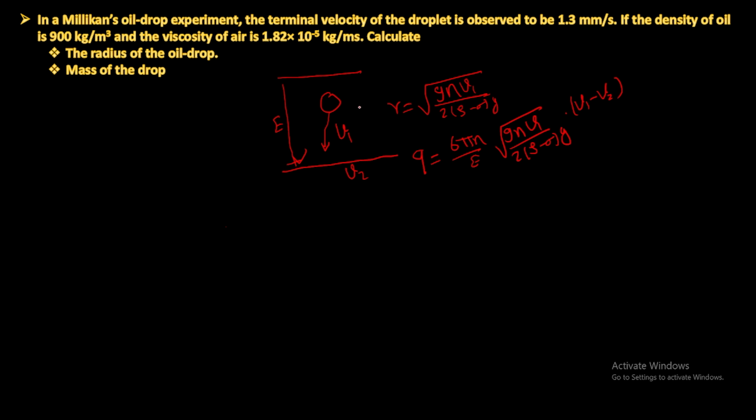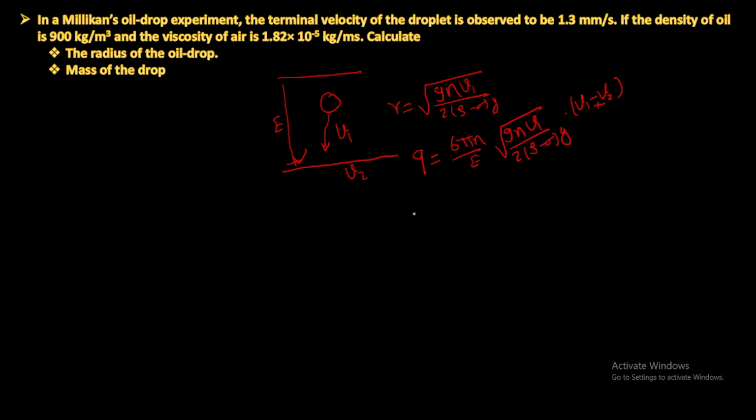But in some cases, when the electric field is applied in between the parallel plates, the given oil drop starts to move in the upward direction with certain terminal velocity v2. At those conditions, the negative sign will be changed to a positive sign here. By using this formula, we can find the total charge in the given oil drop when it is falling in the downward direction or moving in the upward direction with the new terminal velocity v2 in the presence of electric field.